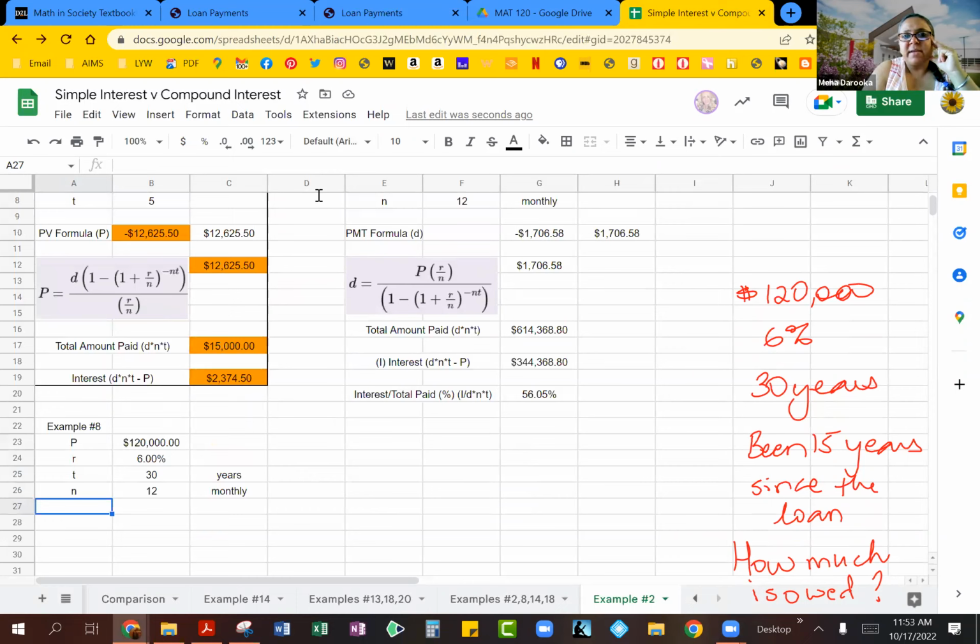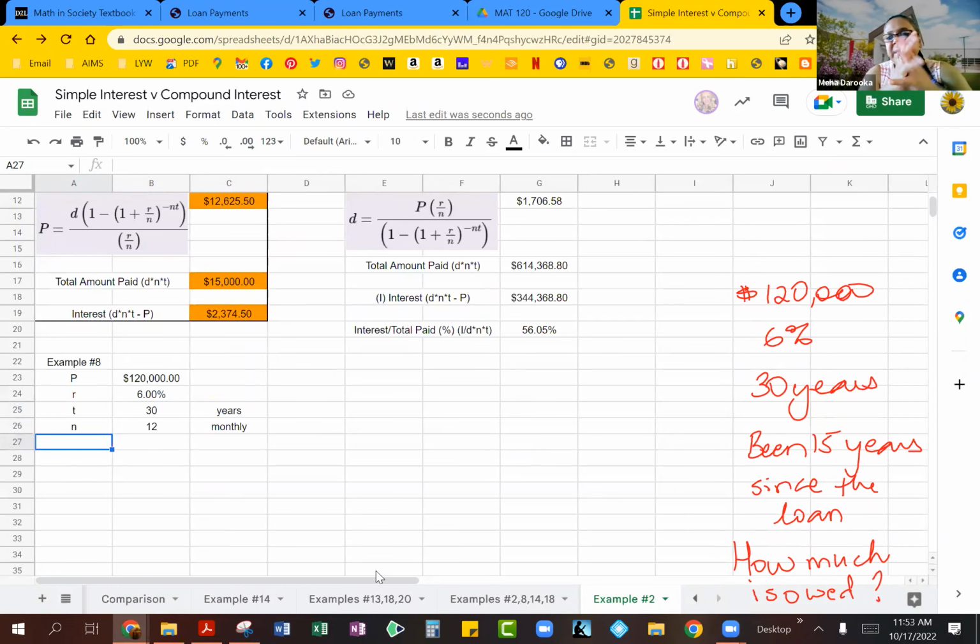Sabrina, that is correct. Yeah, very nice. All right, very good. Okay, so since they're telling us that the loan was taken out 15 years ago and it's a 30-year mortgage, how much do they still owe on the house? Let me see what you guys are thinking. How do we go about calculating this?